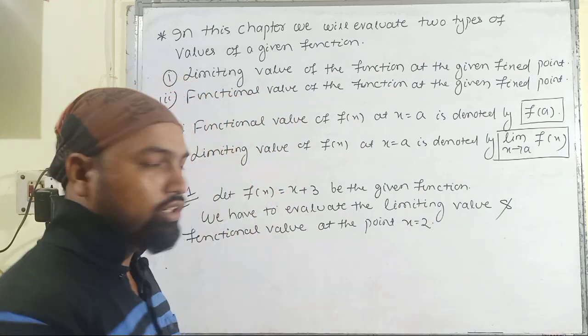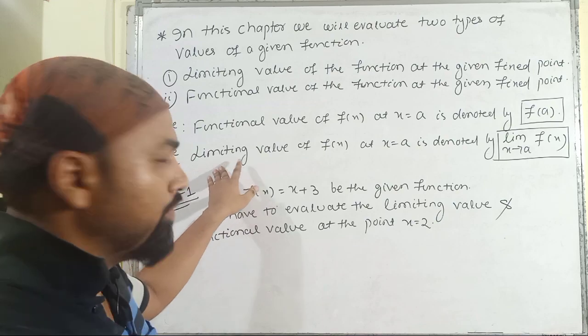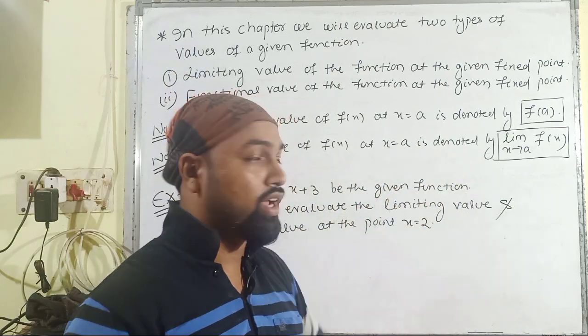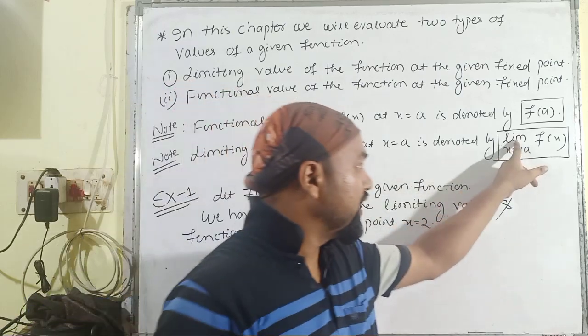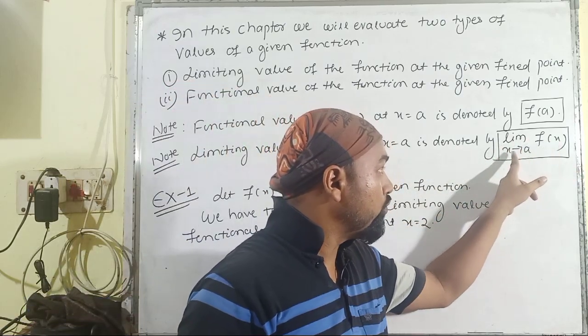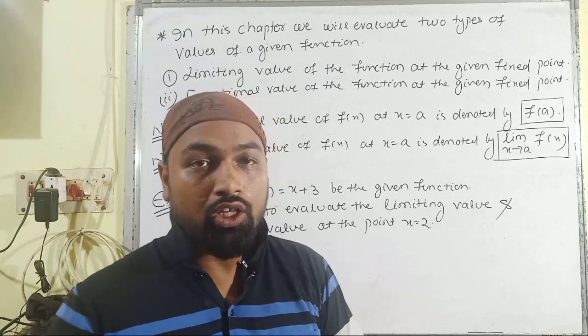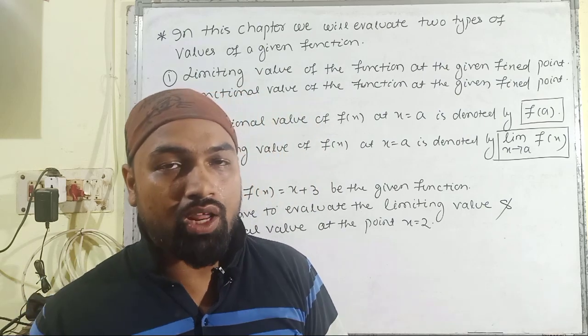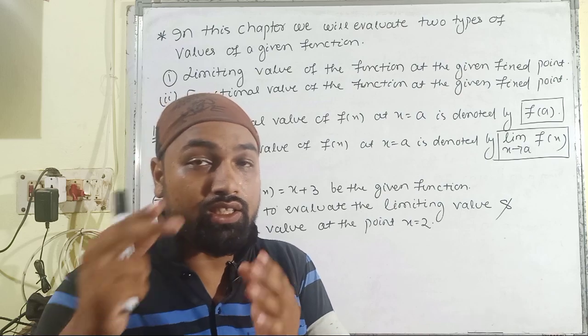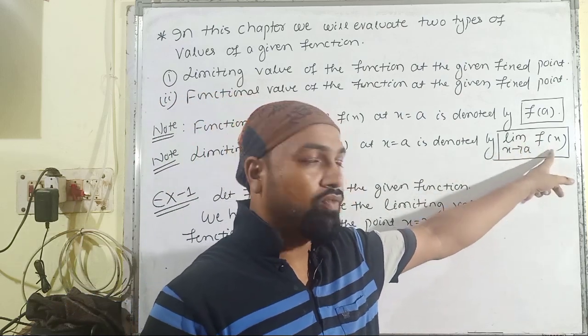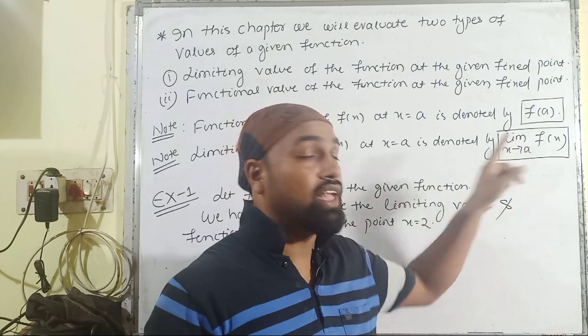The other value, the limiting value of f of x at x equal to a, is denoted by the limit of f of x when x tends to a.